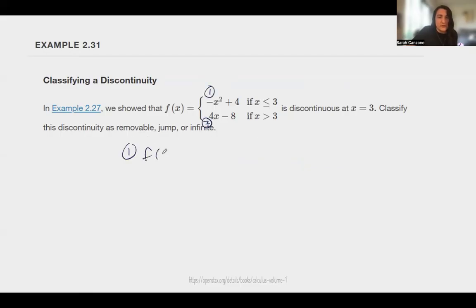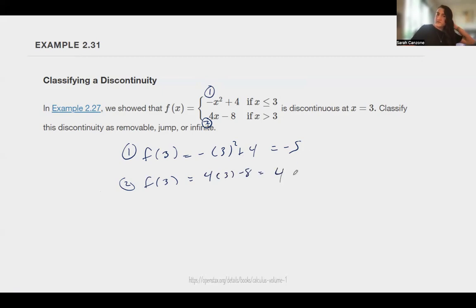For function 1, f at 3 we said was -3 squared plus 4, which was -5, and for function 2, f at 3 was 4 times 3 minus 8, which was 4.